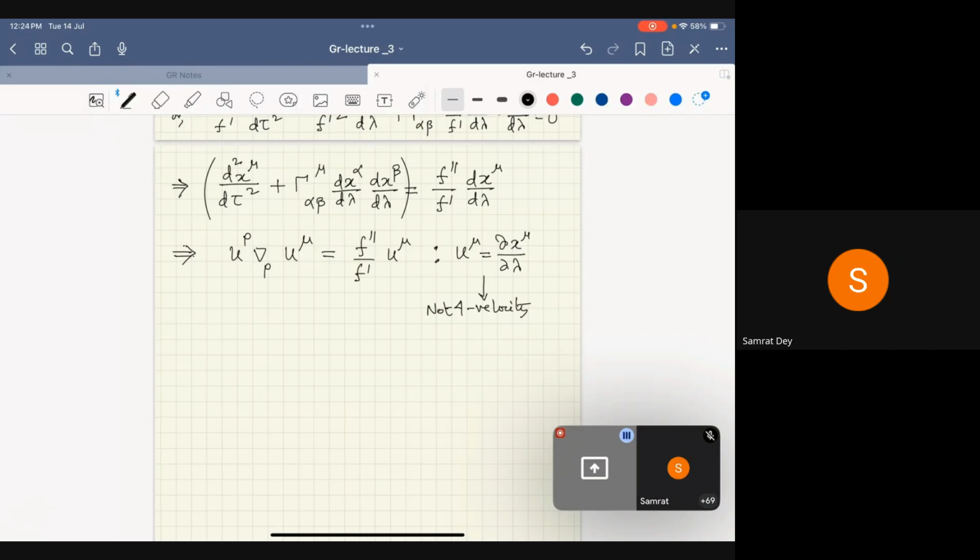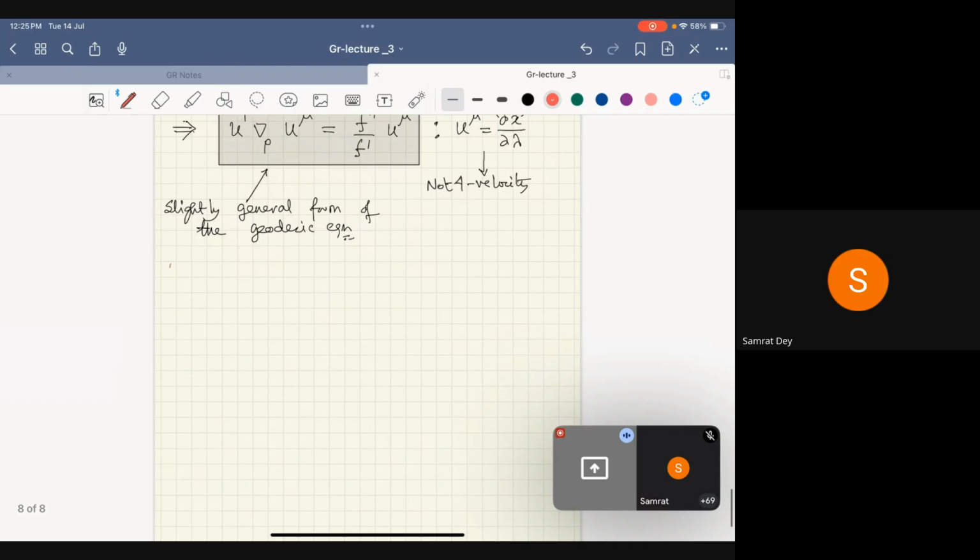So this equation that I have written is a slightly general form of the geodesic equation, and this also tells us that it actually does not restrict the parameter that is used to describe the geodesic. The parameter here to describe the geodesic is completely arbitrary, but you note very important things here.